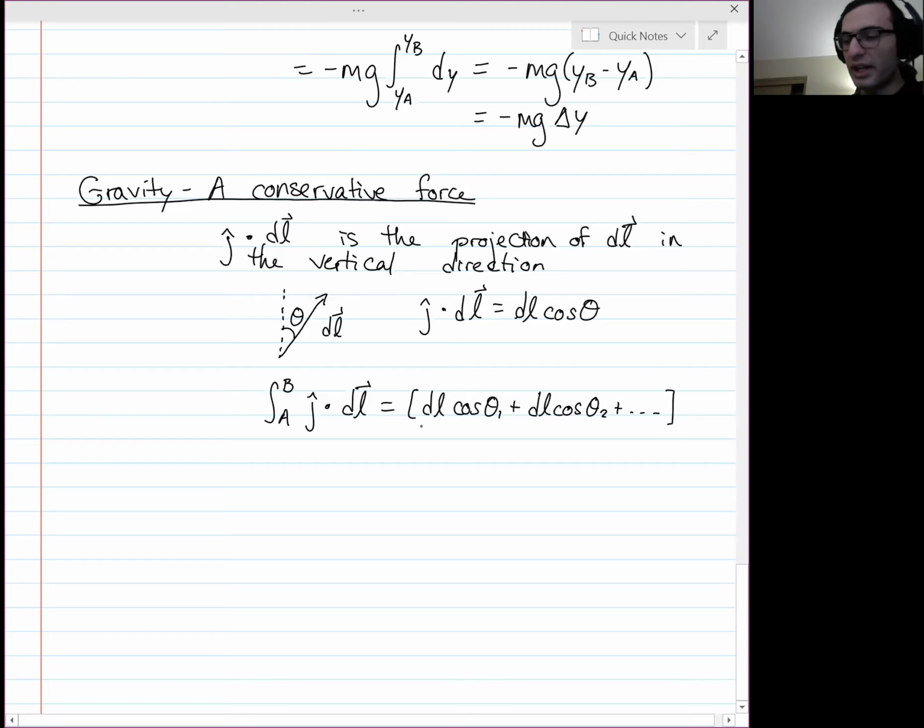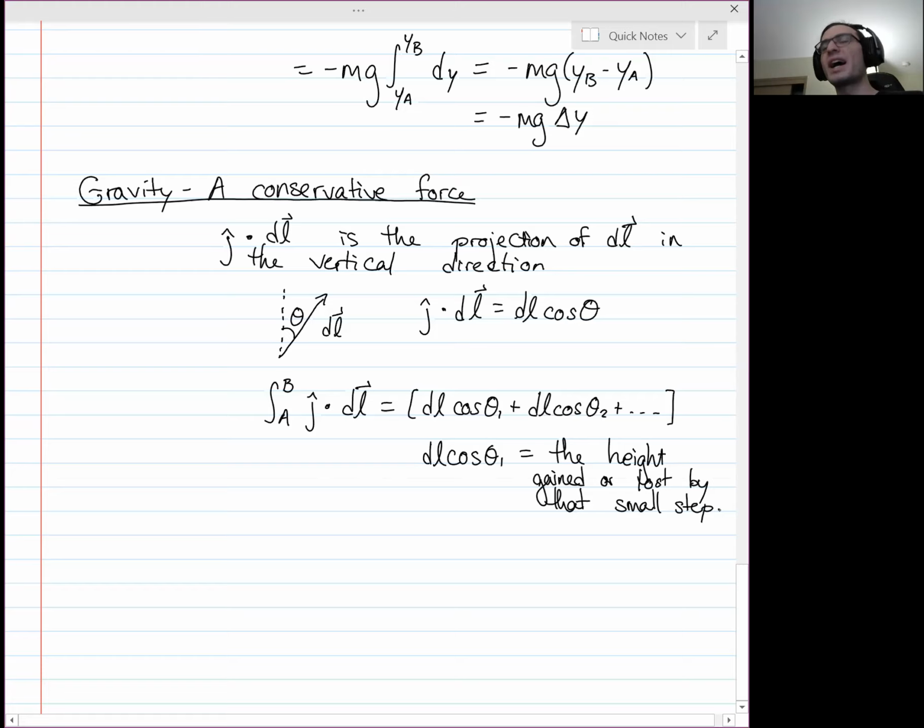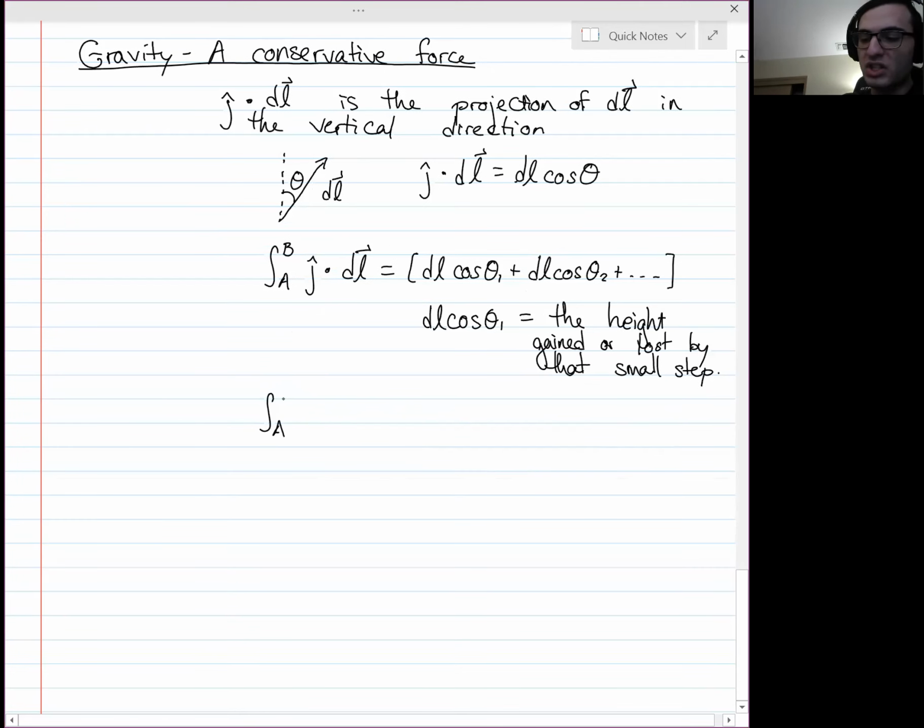And this is an integral, so you'd have an infinite number of these. But dl cosine of theta 1 is just equal to the height gained or lost by that small step. And so all we're doing is adding up the height at each tiny step, and that indicates to us that the sum of all of them would be the total height change.